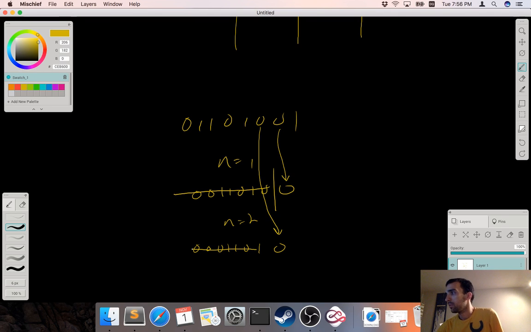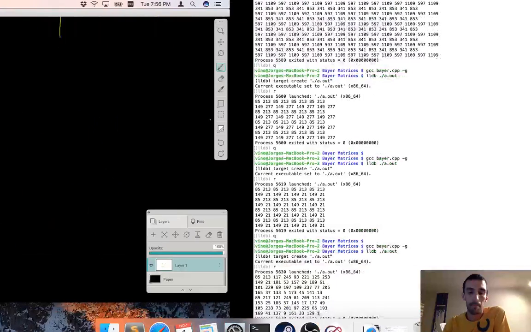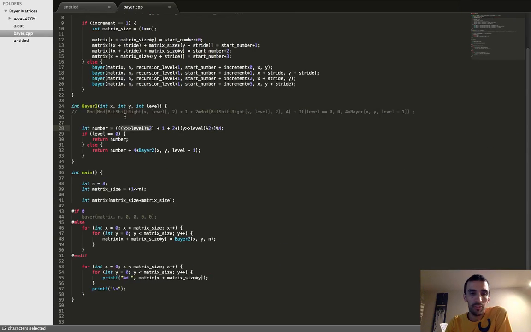So when you right shift and then mod by 2, it just picks the nth bit from that number. So that's what that's doing. So we get the bit that corresponds to our x coordinate and the bit that corresponds to our y coordinate.